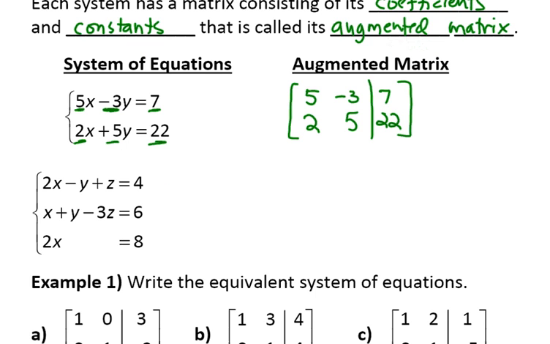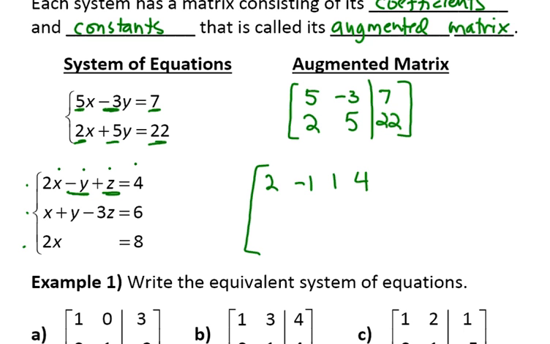For the second system, it's a little bit bigger. I've got 1, 2, 3 rows, and 1, 2, 3, 4 columns. So it's going to be 3 by 4. So I'm going to take the coefficients. 2, right here, this is going to be a -1, and this would be a +1. So we're going to have to put a coefficient for all of them, even if it's an understood 1, and then I have a 4.